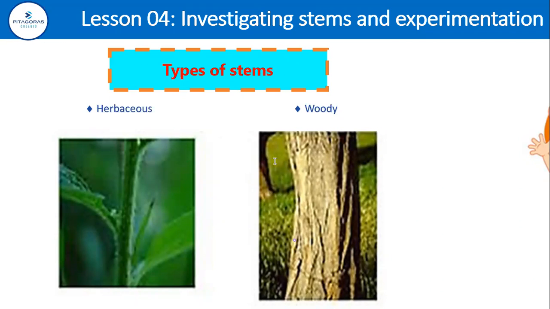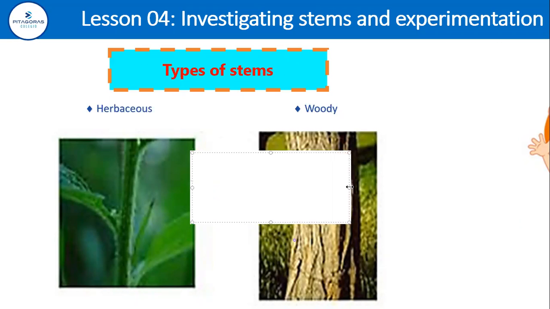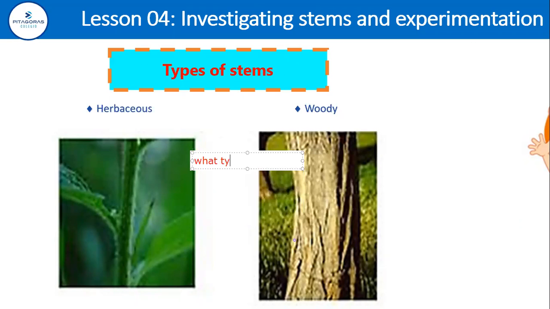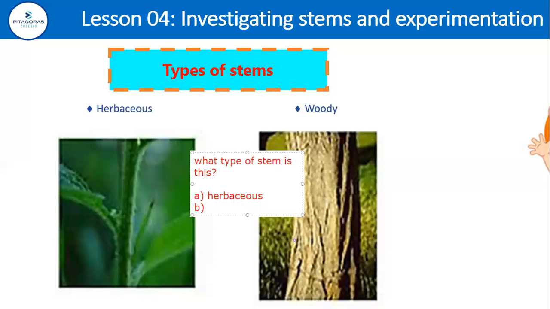If you have a practice, maybe in your practice these questions come. For example, the question: what type of stem is this? Letter A, herbaceous. Letter B, woody.